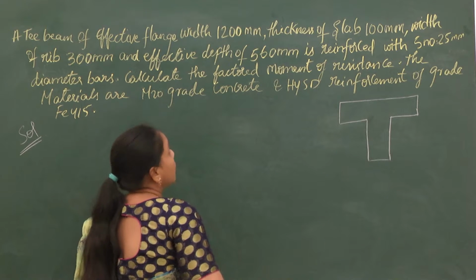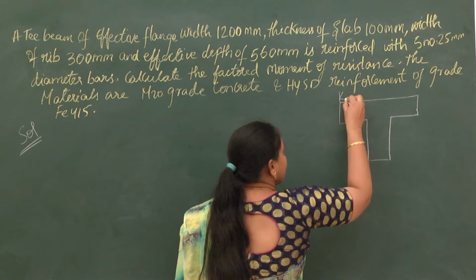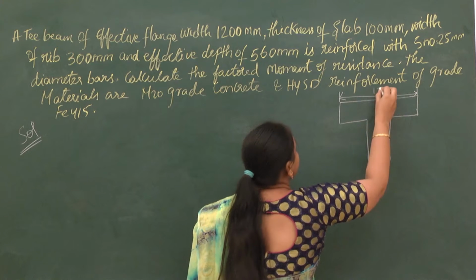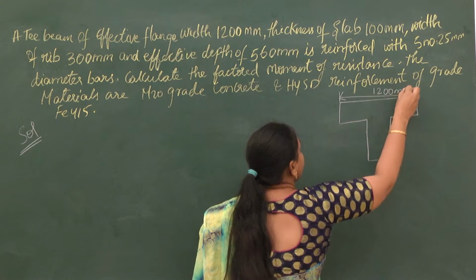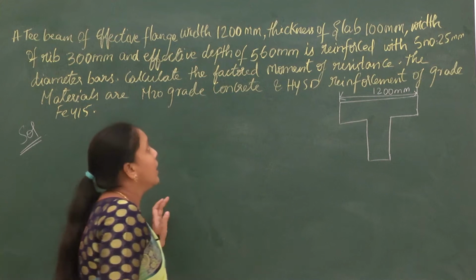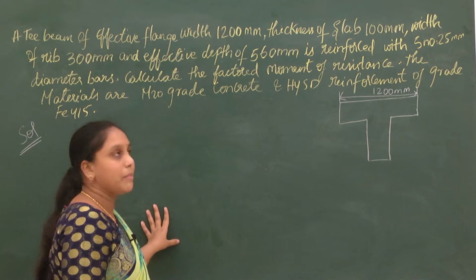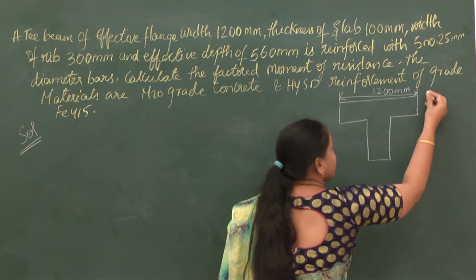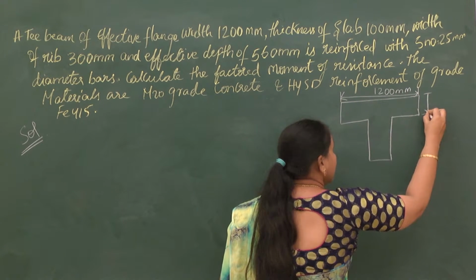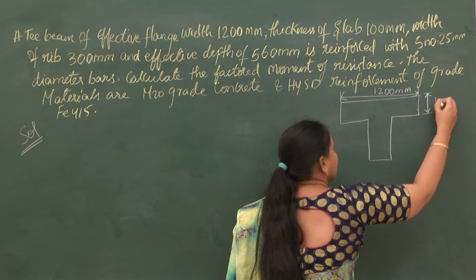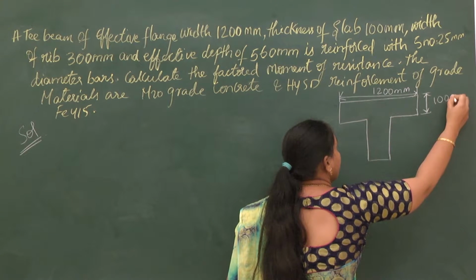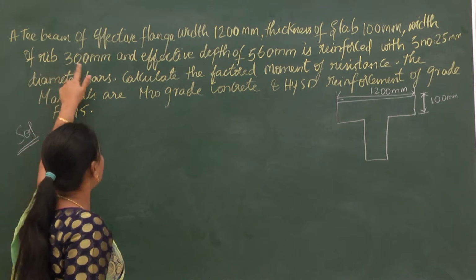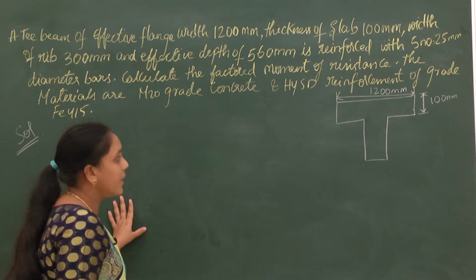And what is the effective width of this particular flange? It is 1200 mm. And the thickness of the slab is 100 mm. So he has given the depth of the flange, that is 100 mm. And the width of the rib is 300 mm.